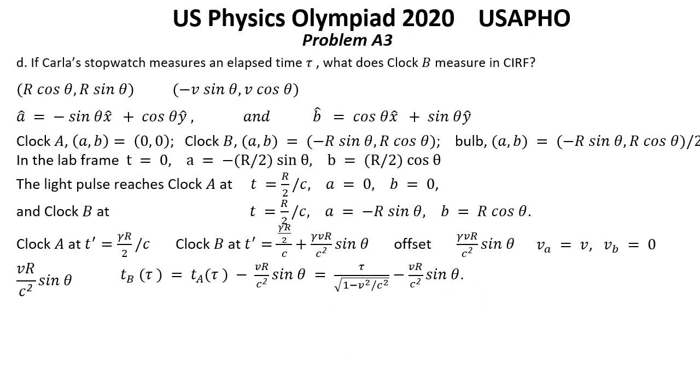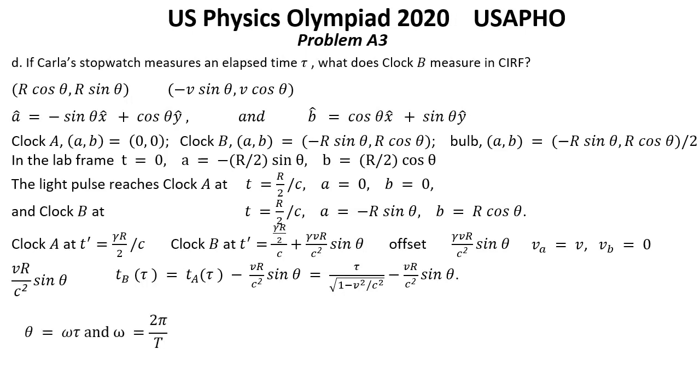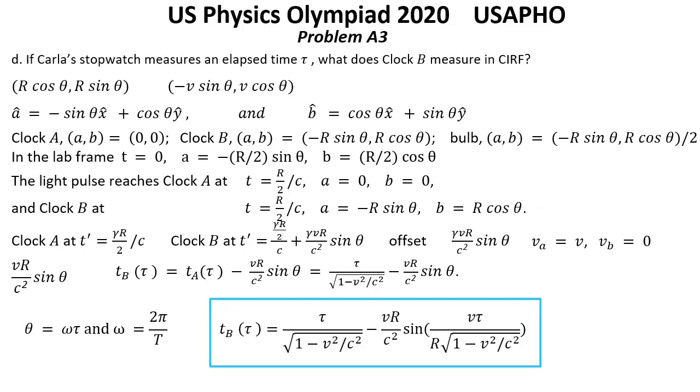This is the answer we expect from the rear clock ahead effect. Finally, we use that theta equals omega tau and omega equals 2 pi over T, where T is the period in Clara's frame. Finally, Tb(tau) equals this expression, and that was the answer for question D. And here we finish the discussion for problem A3.